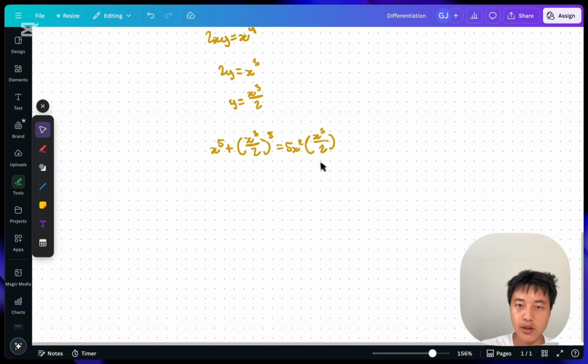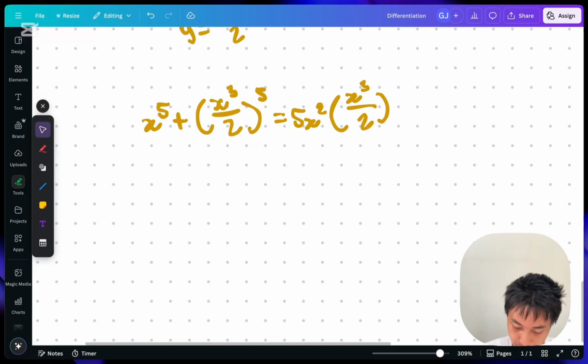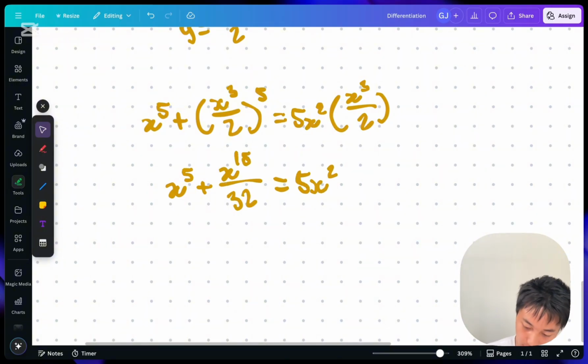Okay. And now let's isolate: x to the fifth plus x to the 15th over 32 equals 5x squared times x cubed over 2, or we can just multiply this out, so 5x to the fifth over 2.